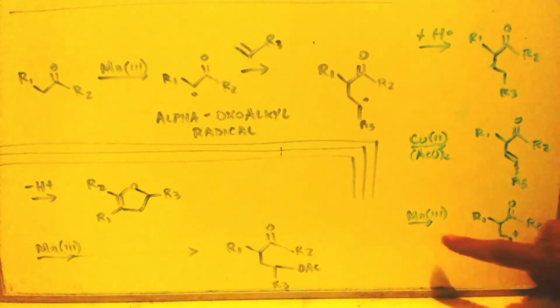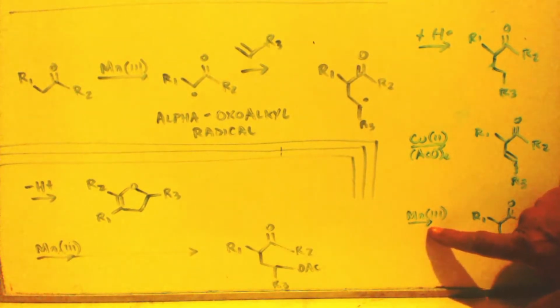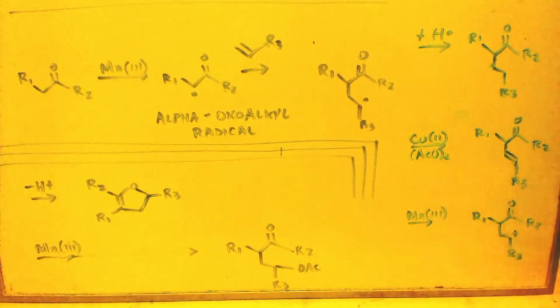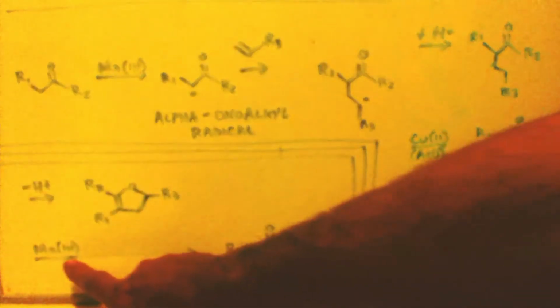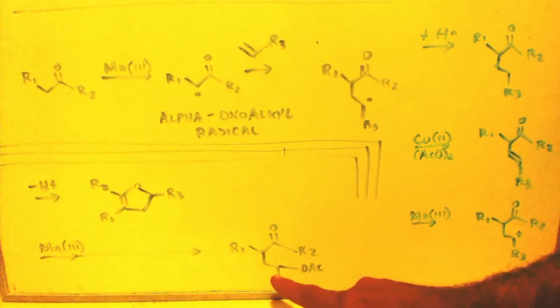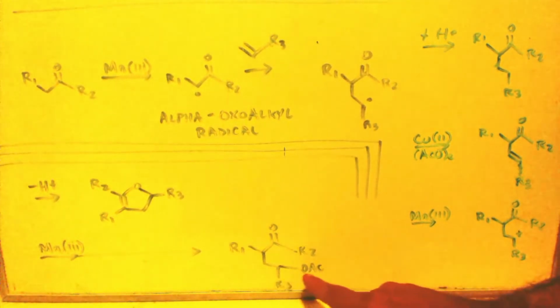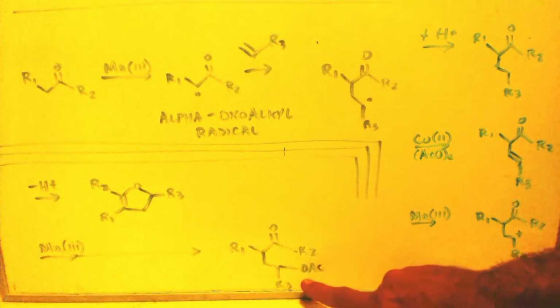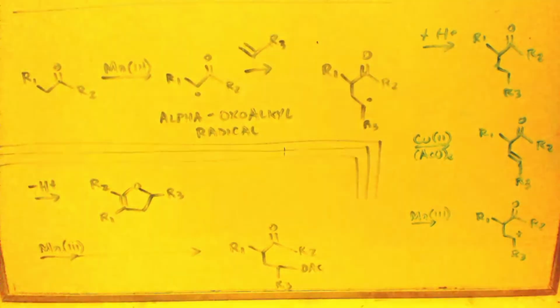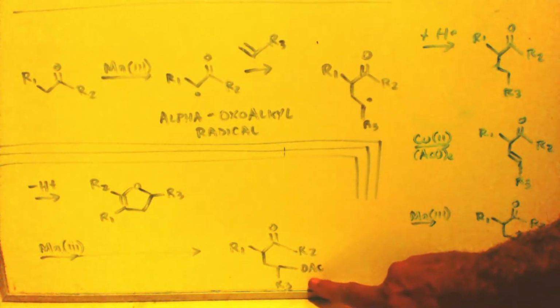Or you can have more Mn3 in there, and it reacts and makes this, a carbocation. And then the carbocation has 2 choices. It can either react here to add an acetate, right? To add acetic acid, the anion.